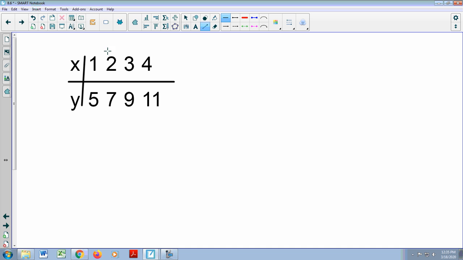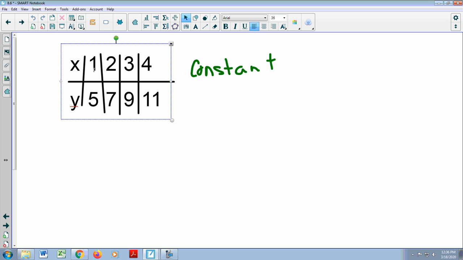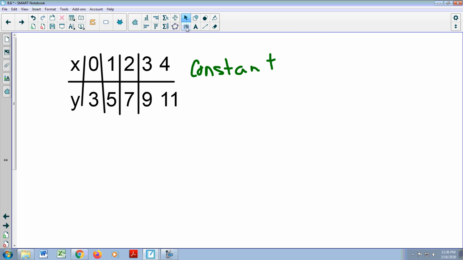If I look at this table, very poor table, sorry about that. When I look at this table, I know my x value is constant. I should actually do this, make it just a... Forgot about that one. Sorry, guys and gals.